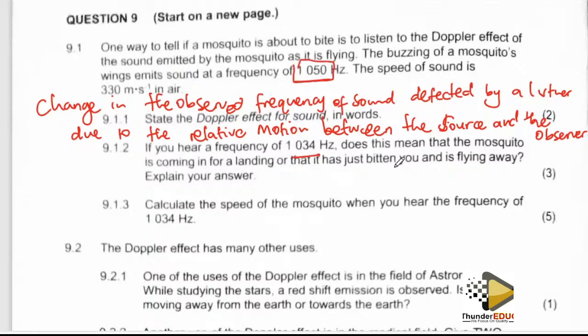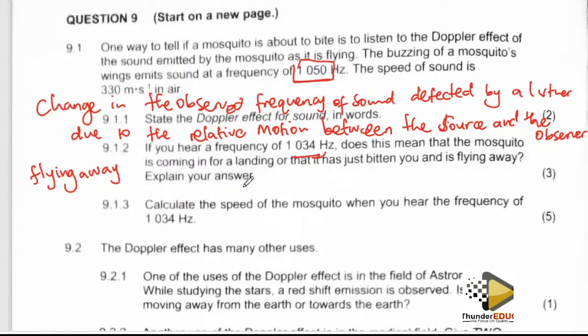If you're hearing 1034, does this mean that the mosquito is coming in for landing, or it has just bitten you and it's flying away? Since the observed frequency is smaller than what is being emitted, the mosquito is flying away.